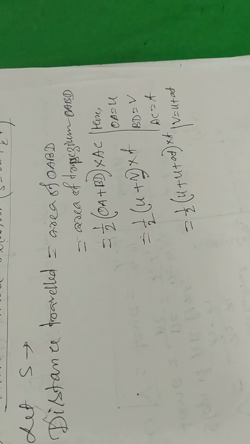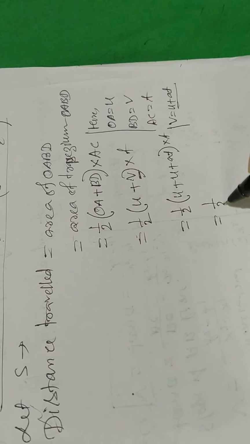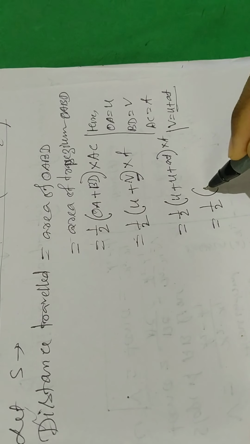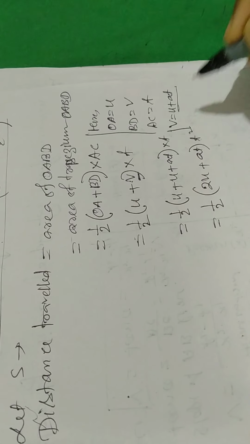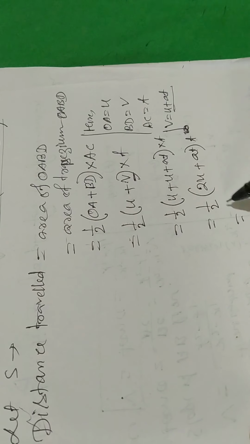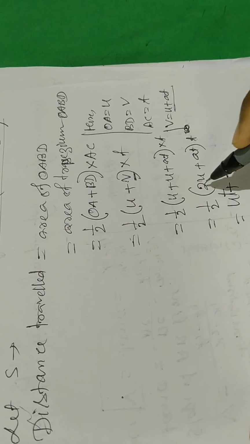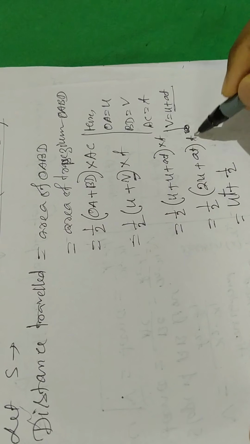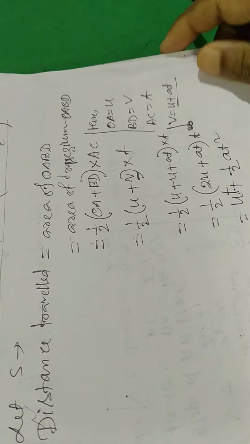We are replacing v, putting u plus at. Half into u plus u, that is 2u plus at. Now multiplying, half into 2u gives u, so u into t, ut, plus half at square.